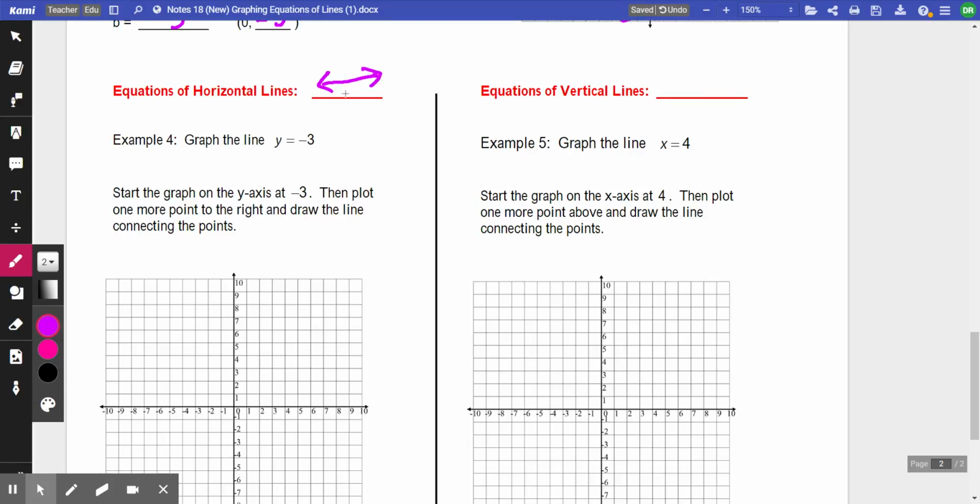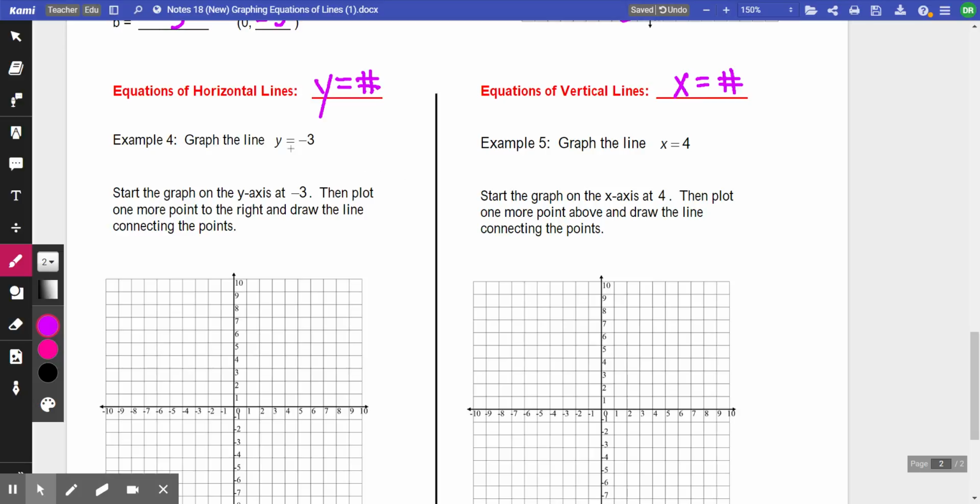Okay, this type of a line is only going to go through your y-axis. So that means that it's going to always be y is equal to a number. The y value stays constant. Versus a vertical line, this is one that goes straight up and down. This is going to go through the x-axis, so it's x equals a number because the x is going to stay constant.